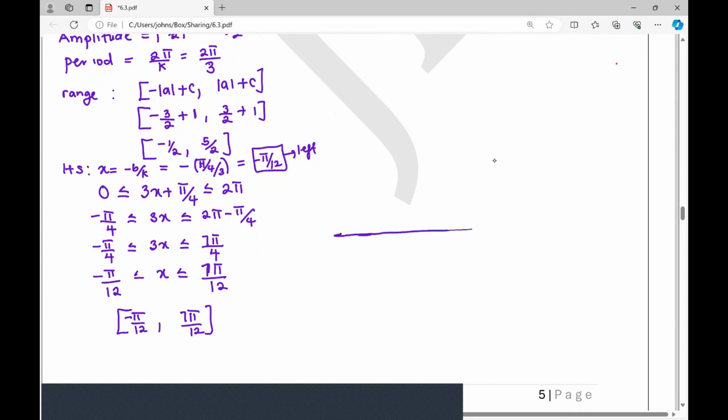We're going to be working with this interval. Our working interval is going to be from, please, this is very important, just follow me, let's get this together, from minus pi over 12.